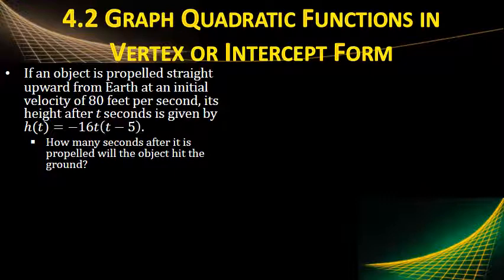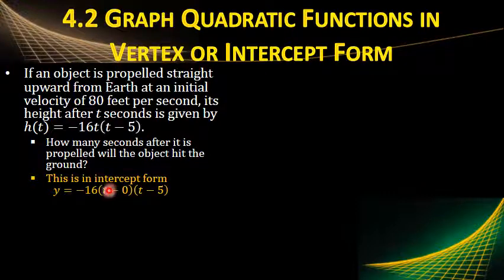First of all, we should decide whether we are in vertex form, intercept form, or standard form. Notice the t's are separate, they're not squared. The only form that was like that was intercept form. This is like t minus 0 times t minus 5. So it's intercept form.